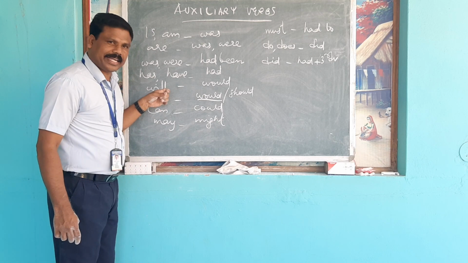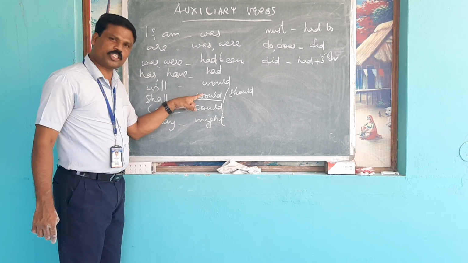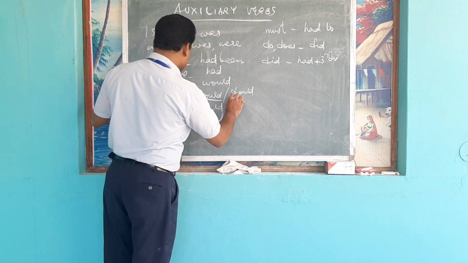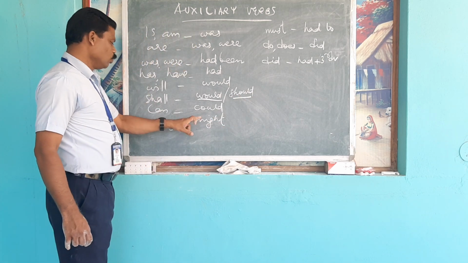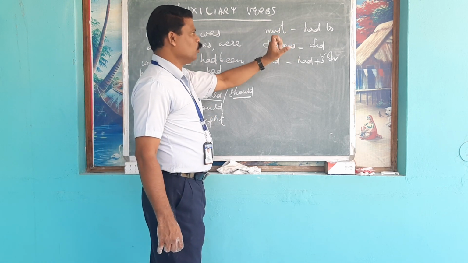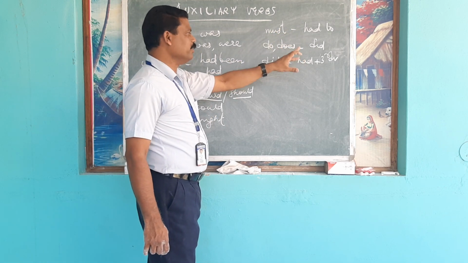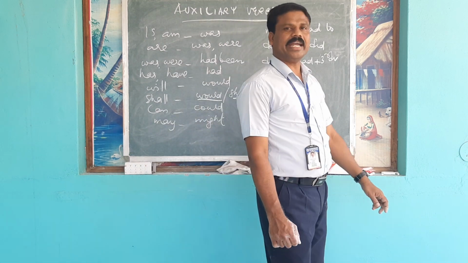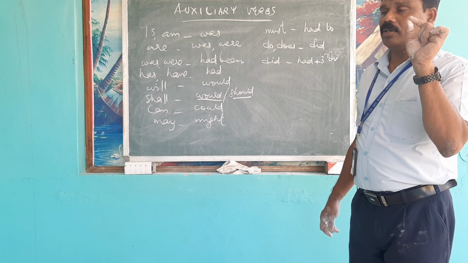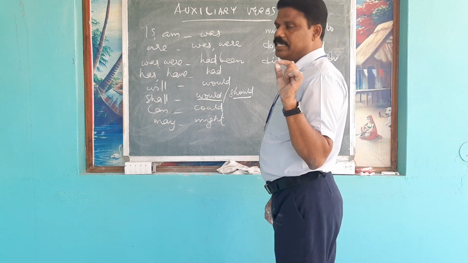So if it indicates a tense, it will change into would, and if it indicates a duty, it will change into should. Can, could, may into might, must into had to, do, does into did, did into had plus third verb. So it is very necessary to learn the changing words.